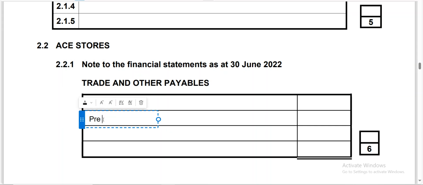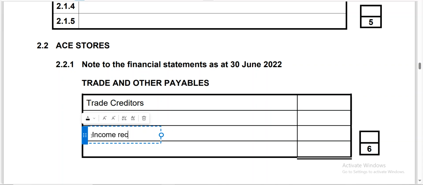We are also going to have our income received in advance, meaning that we got that income before we could render a service, so therefore we owe these people.